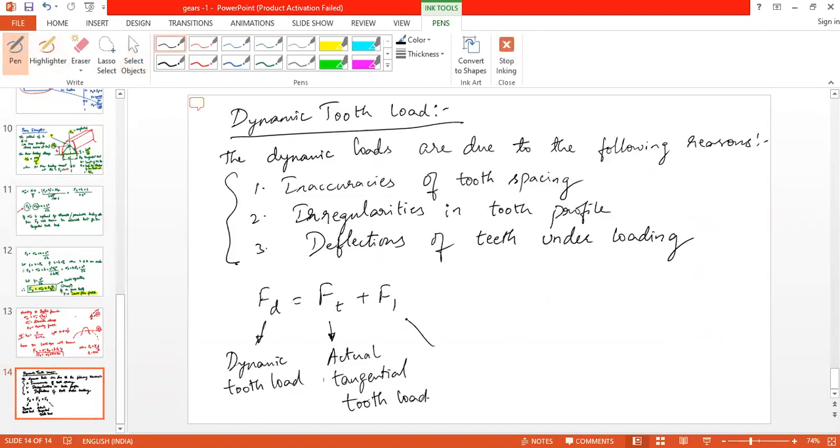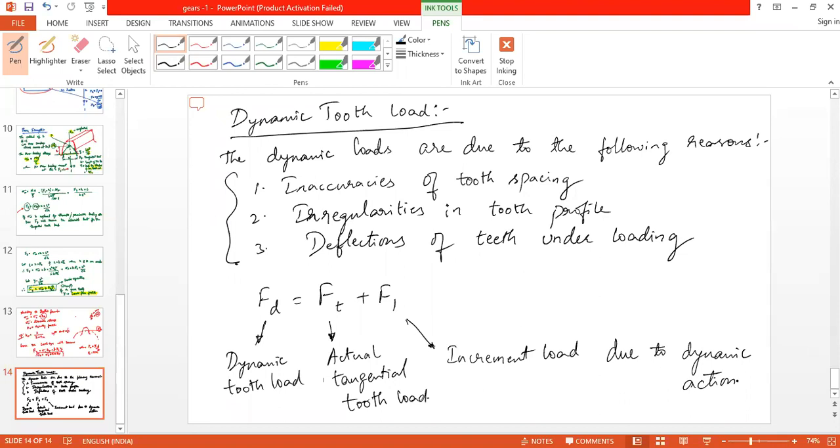And this F1 is the increment load due to dynamic action. Is it clear?